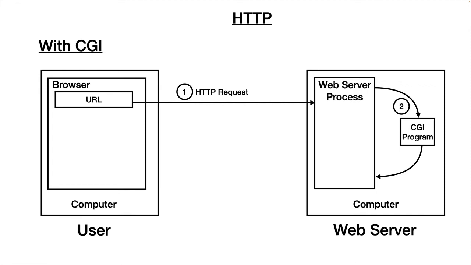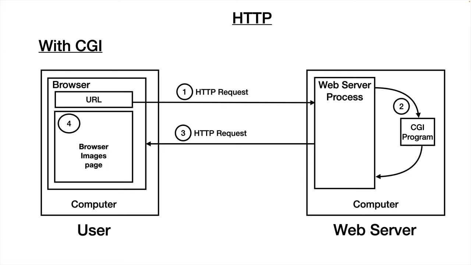Again, the web server may wrap some additional information in the header, and then an HTTP response is sent back. Sorry, there's a typo there. That should be response. And then the browser images the page. So that is very similar to without CGI. The only exception, instead of reading a file, is we're executing a program.